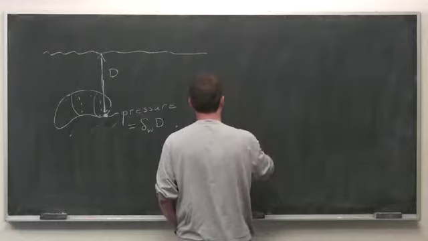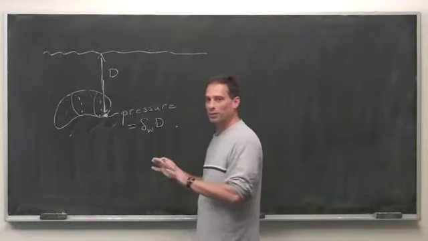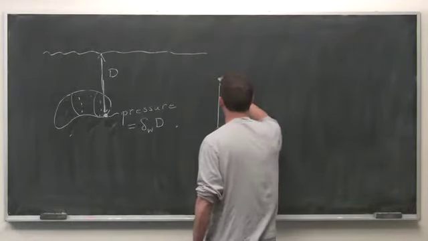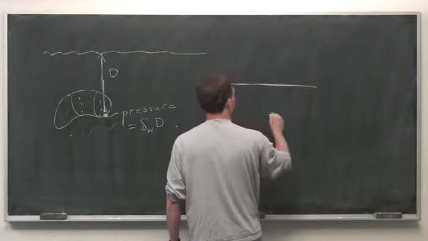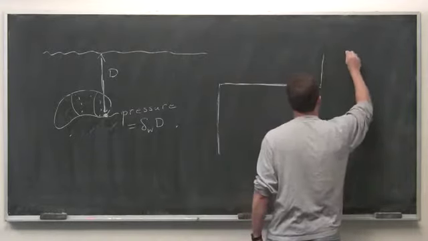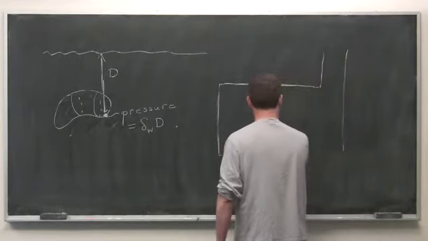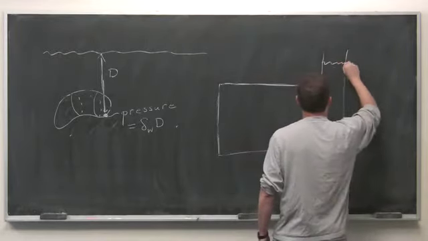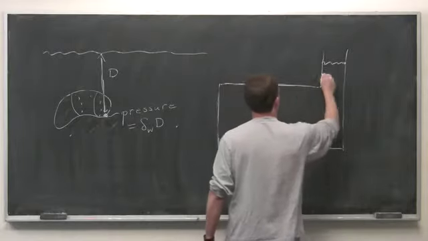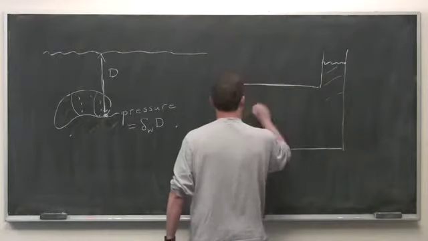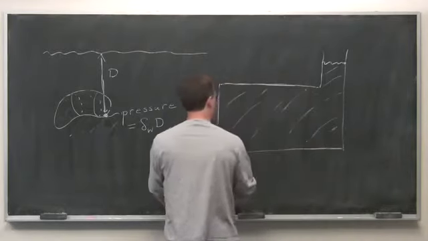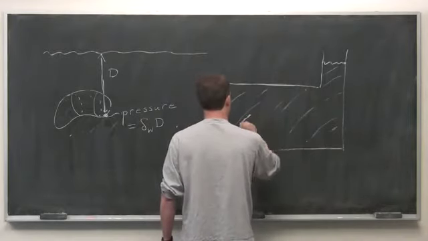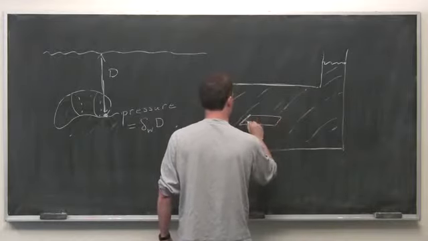So this is why the simple explanation isn't really all that's going on. You could have a completely sealed container of water, and it's open over here. And this is all full of water. And you have your plate over here, or a solid object, and we're looking at its surface.